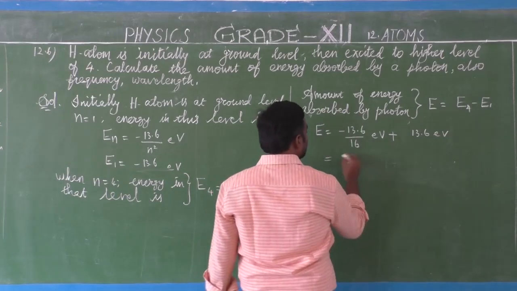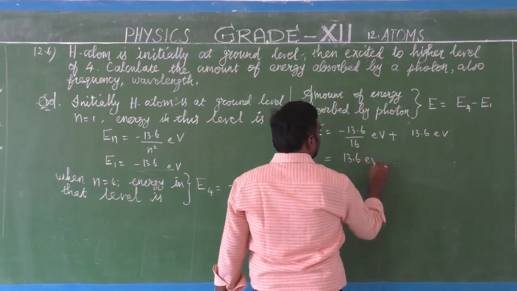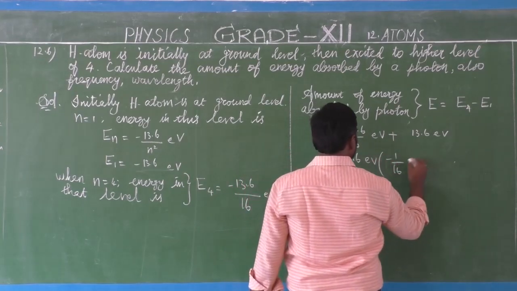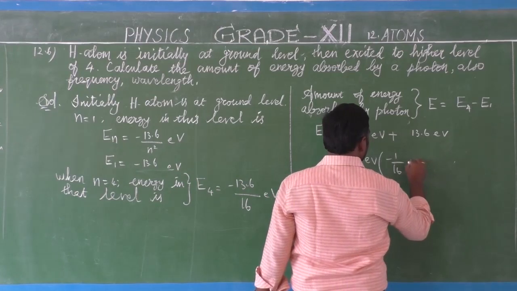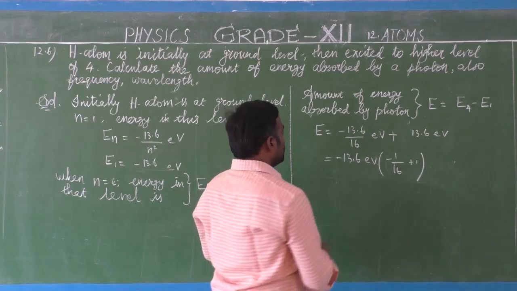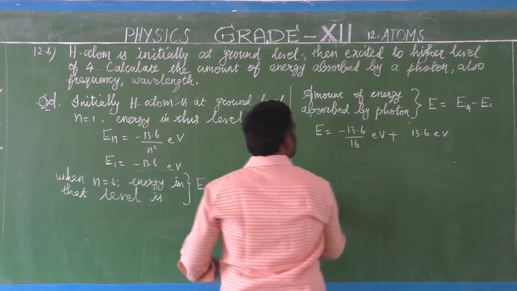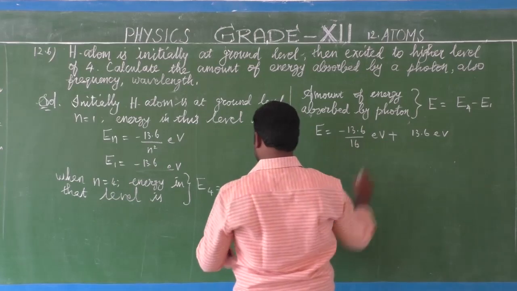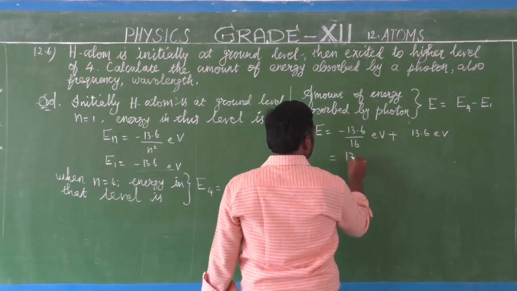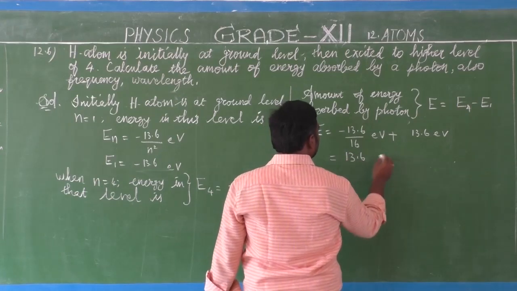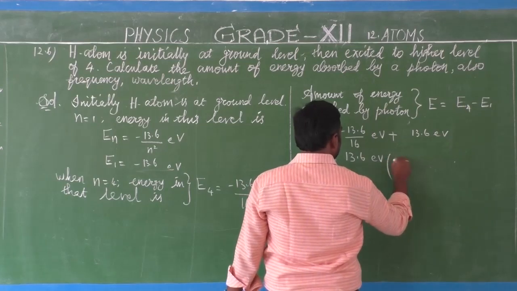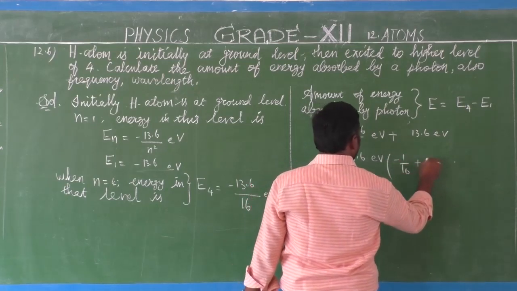In both the terms you take 13.6 as a common value, with electron volt outside. Remaining, minus 1 by 16 plus 1.